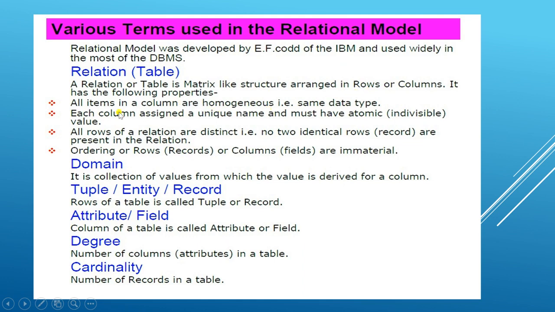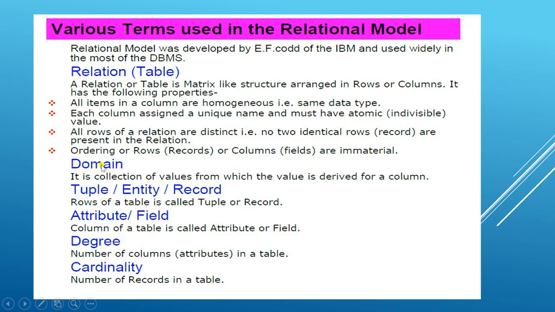It has the following properties: all items in a column are homogeneous, meaning they are of the same data type. Each column is assigned a unique name and must have atomic, that is indivisible, values. All rows of the relation are distinct, that is no two identical rows are present in the relation. Ordering of rows and columns is immaterial.